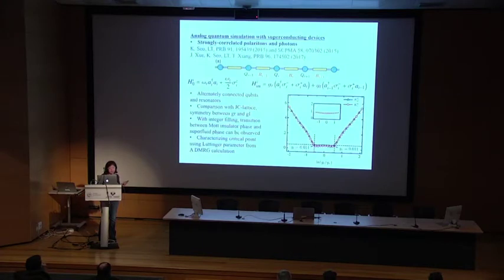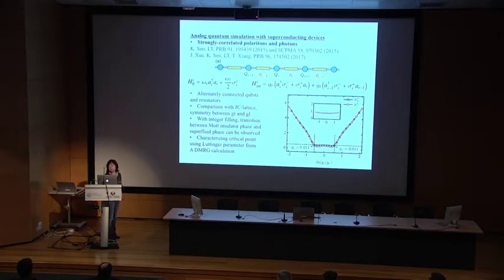It turned out that if you connect your superconducting qubits and resonators together, you can have very interesting effects. For example, in several works, we studied an alternately connected chain of superconducting qubits and resonators. In this case, the system is described by this coupling Hamiltonian. Each of the superconducting qubits is connected to resonators, one to the left and one to the right.